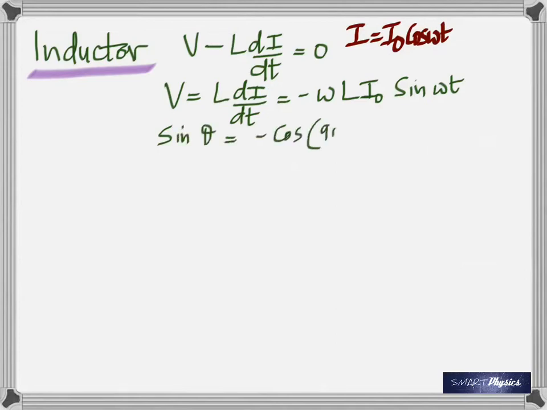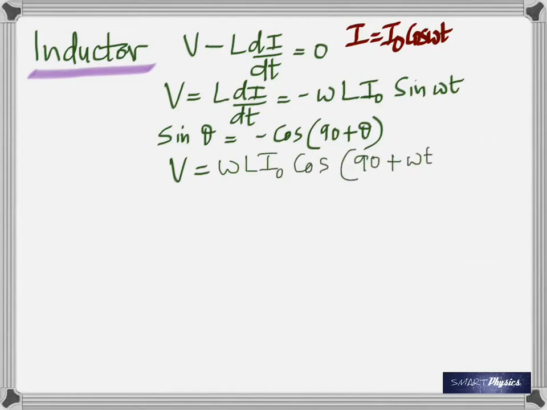Sine theta is minus cos of 90 plus theta, from those math classes. And therefore, in place of sine omega t, I can substitute and put it in this form. Why did I have to do that? So I can compare now the current and the voltage, both are cos functions. And now it makes it very clear which one is ahead.